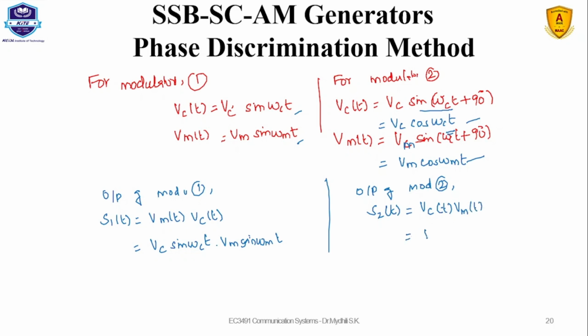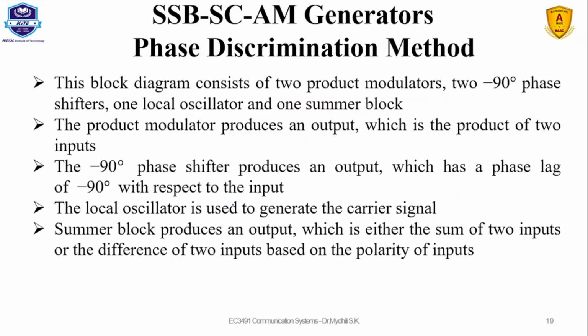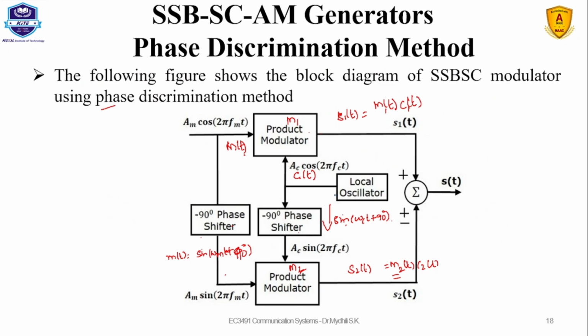Here it will be Vc cos omega ct into Vm cos omega mt. So based on the diagram representation, you could see this is your S1 of t and this is your S2 of t, till where we have obtained.